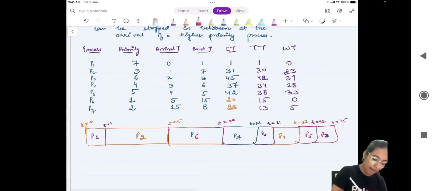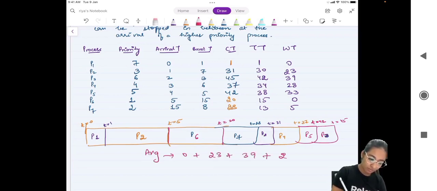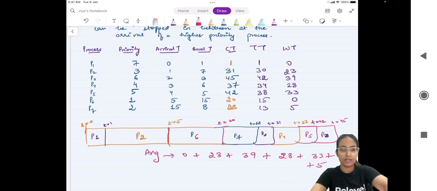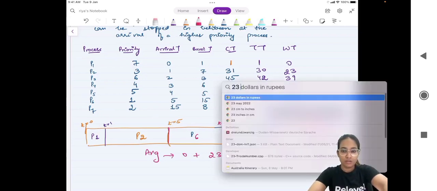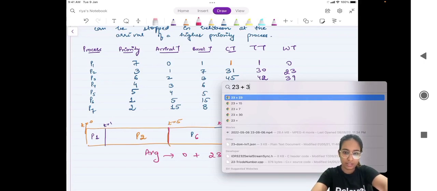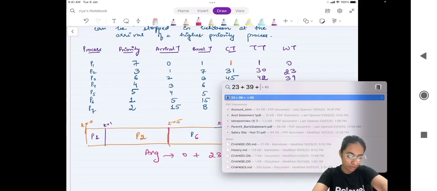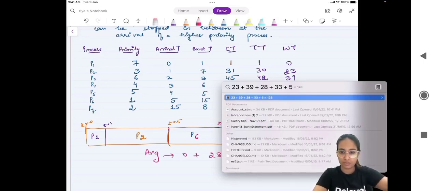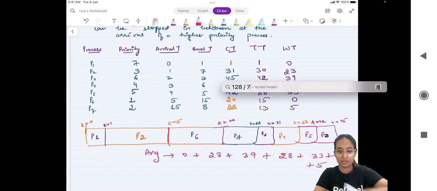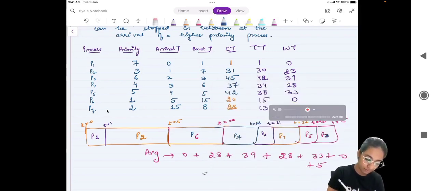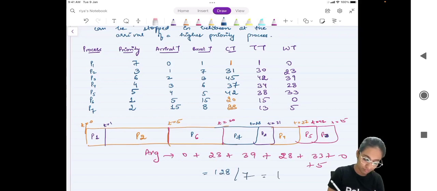Okay, and what will be the average waiting time? 0 plus 23 plus 39 plus 28 plus 33 plus 0 plus 5, which will come out to be 128 by 7, which is 18 something milliseconds.